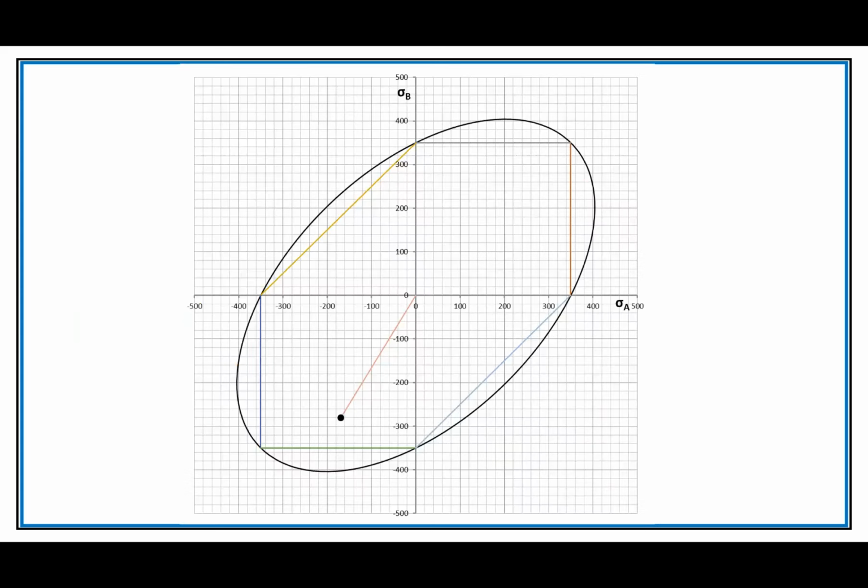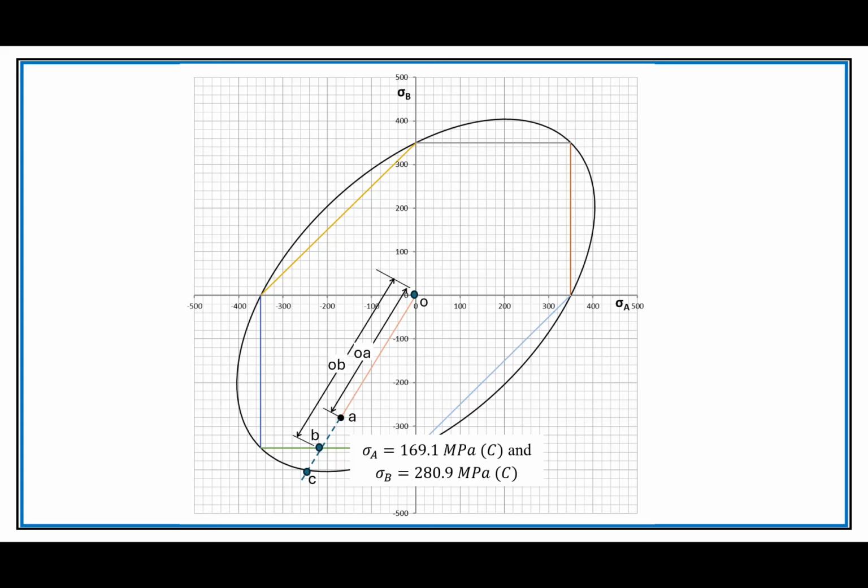And then if we plot them, you can see we're down here in the third quadrant, and we can label these points O, A, B, and C, and we can get these lengths and see where we are with respect to that. We could see how these values can compare with each other in a graphical sense.